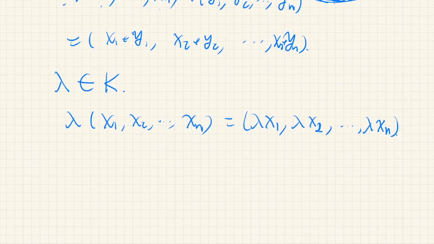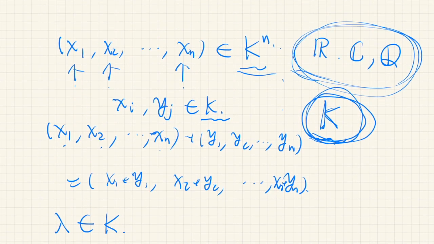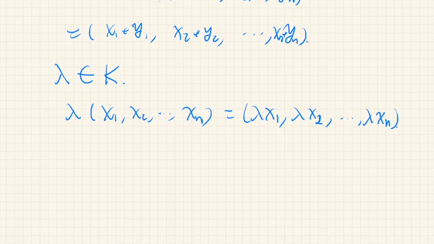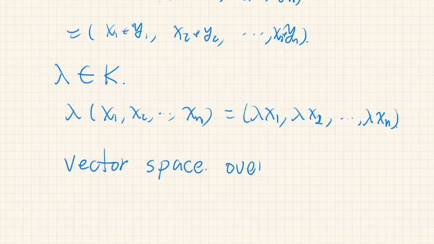So the set of vectors, of course, that is a set of these tuples together with addition and scalar multiplication. We call it a vector space over some field, the field K. So this K can be real number, complex number, and so on.